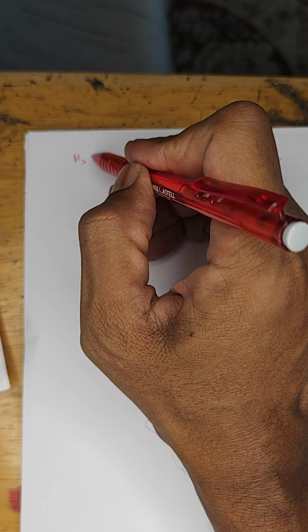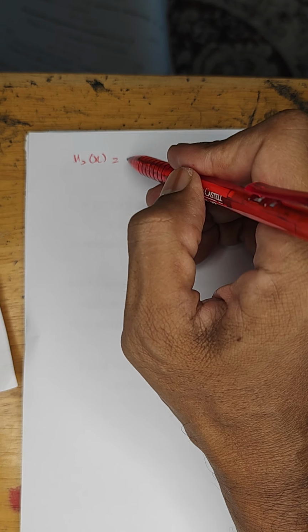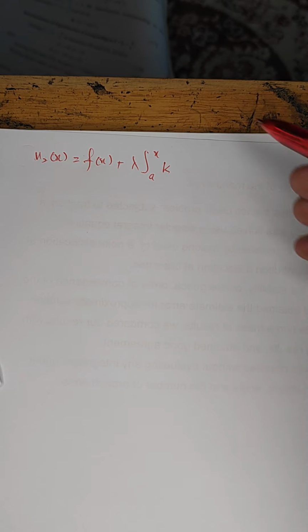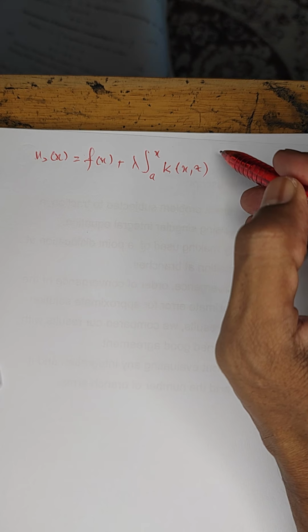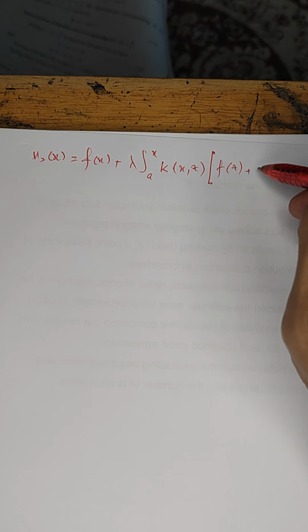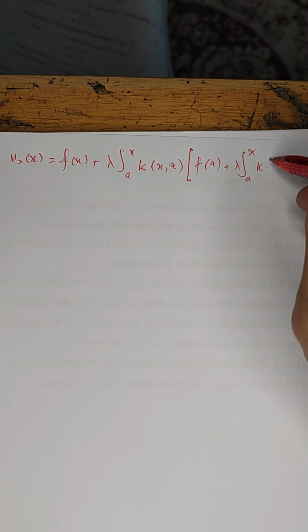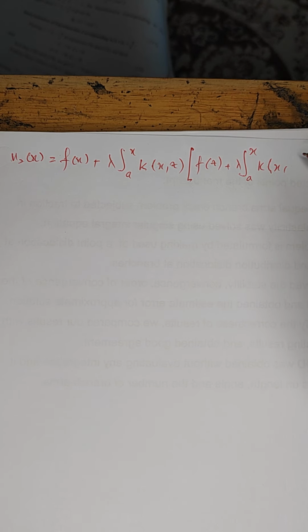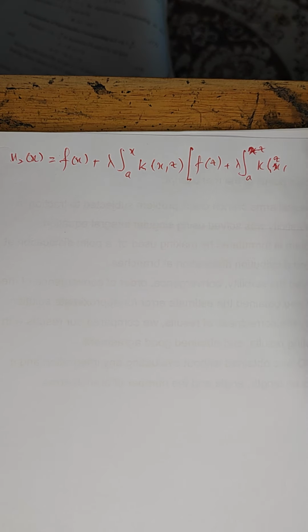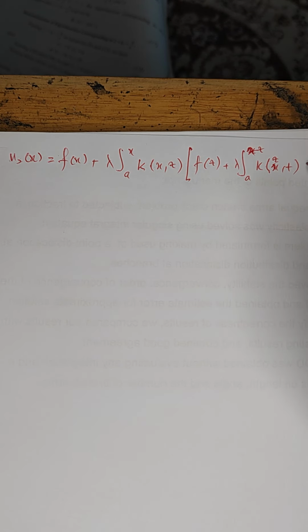It's not really clear. Okay, so u2(x) is equal to f(x) plus lambda integrate from a to x of k(x,z) u1(z). So for u1(z), we have f(z) plus lambda integrate from a to z of k(z,t) f(t) dt.